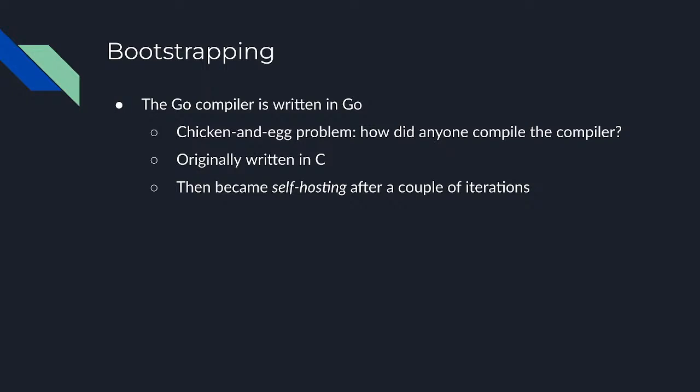So how it works is that the Go compiler, I'm just using Go as an example, but this applies to all programming languages, was originally written in C to compile the Go code, which is what we've kind of done. We've written our Lisp compiler in Python. It is possible to write a Lisp compiler in Lisp.